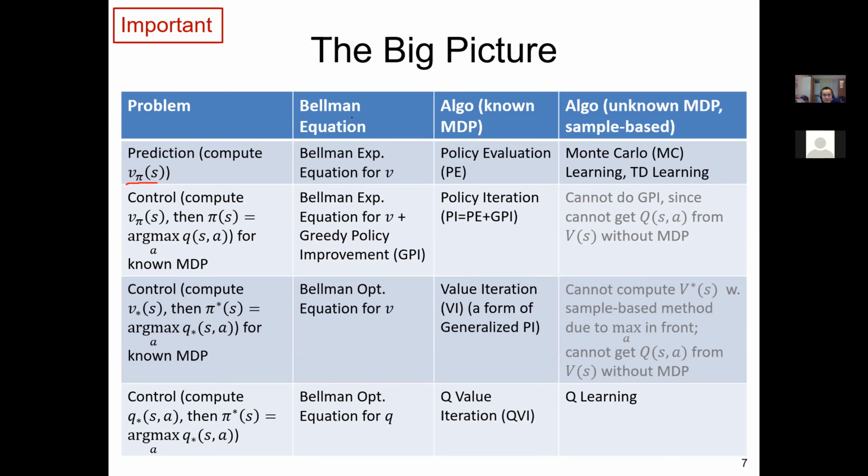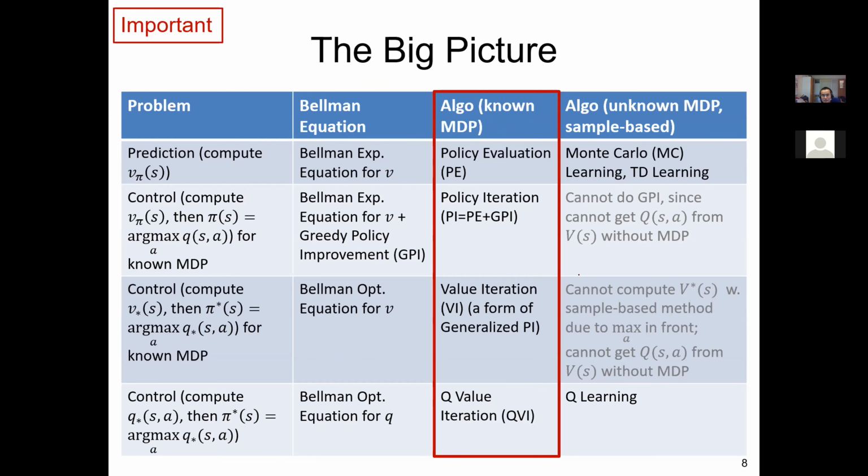And you may have algorithms with known MDP, that's model-based planning. And then you have this series of methods: policy evaluation, policy iteration, value iteration, Q-value iteration. And then for unknown MDP, it's model-free. You need to use sample-based methods like Monte Carlo learning, TD learning, and Q learning. So in this lecture, I will discuss this column here with known MDP.